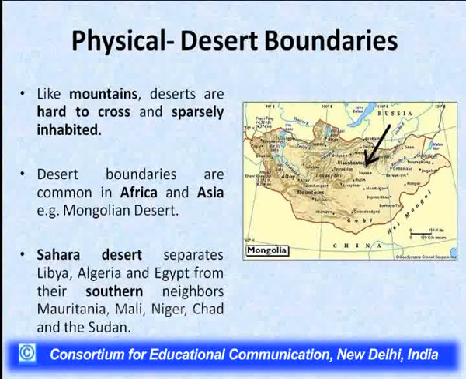Like mountains, deserts are also very hard to cross, and they are also sparsely populated. In the Sahara region, the northern countries, Libya, Algeria and Egypt, are divided by the boundary of the Sahara desert from Mauritania, Mali and Niger.